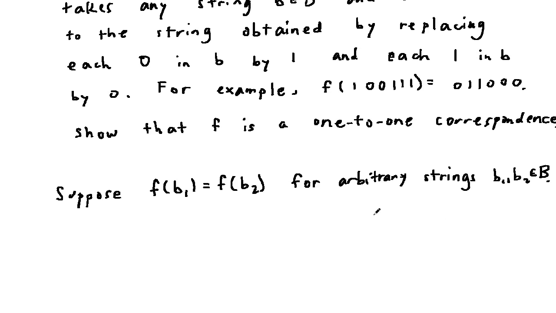However, swapping the zeros and ones in f(b1) gives us back b1. Similarly, swapping the zeros and ones in f(b2) gives us back b2. So b1 = b2. And therefore, f is one-to-one.